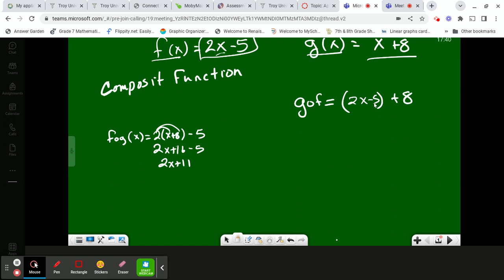Now there's nothing to distribute, so I'm just going to have 2x minus 5 plus 8 gives me 2x plus 3, right? Just insert 1. That's what this composite is telling me to do. Put 1 inside of the other, right? Not too bad, I start out.